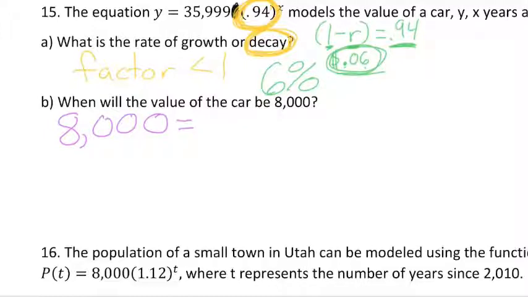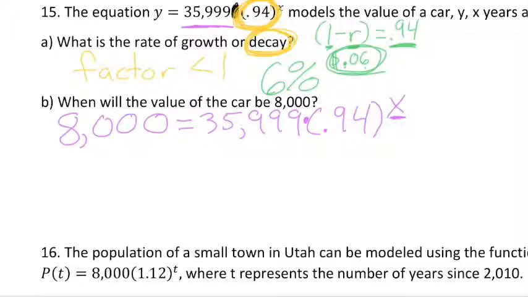We're going to make it equal to our equation that was given: 35,999 times our decay factor of 0.94, raised to our x. So we're looking for our x value. That is how long it will take for our car to be $8,000.